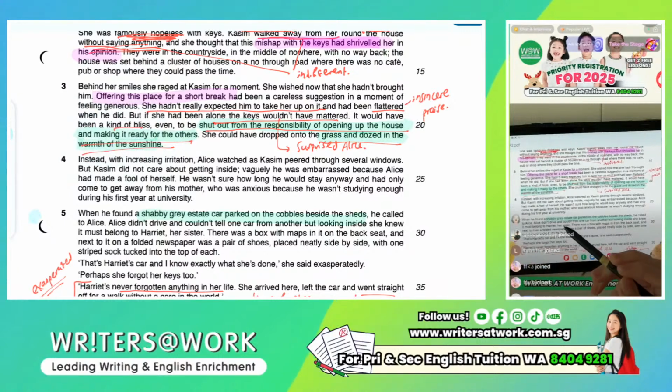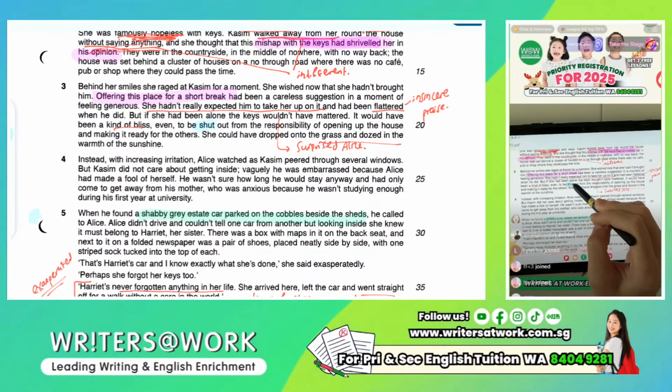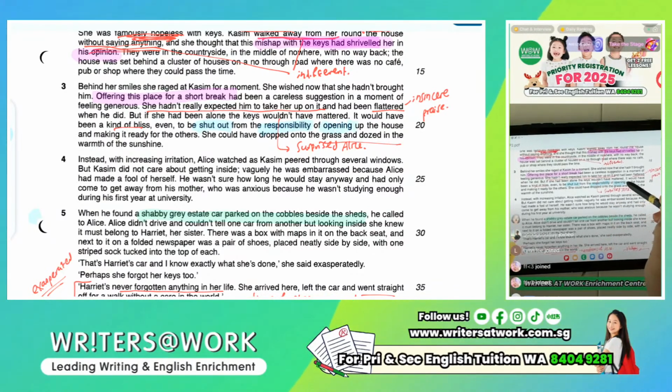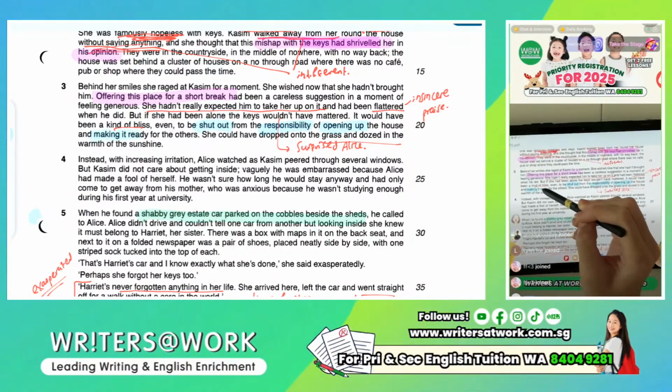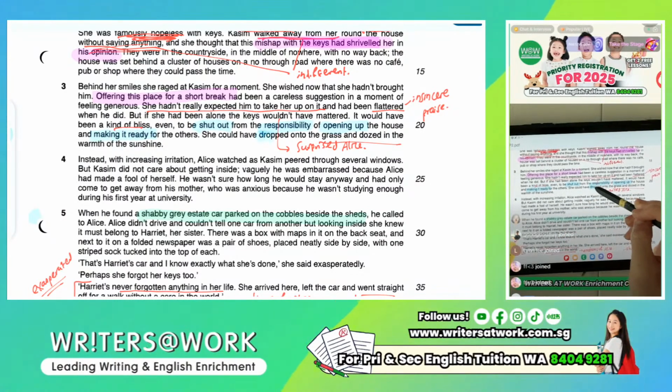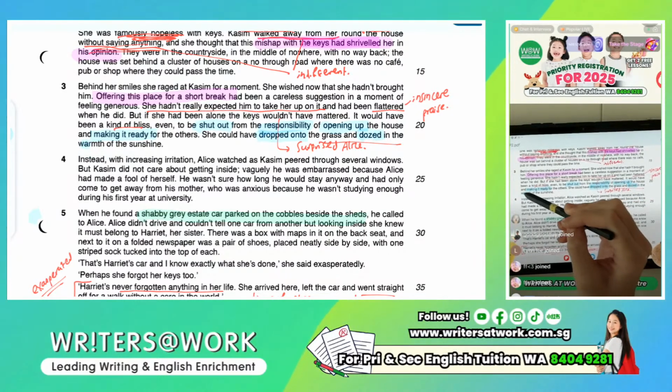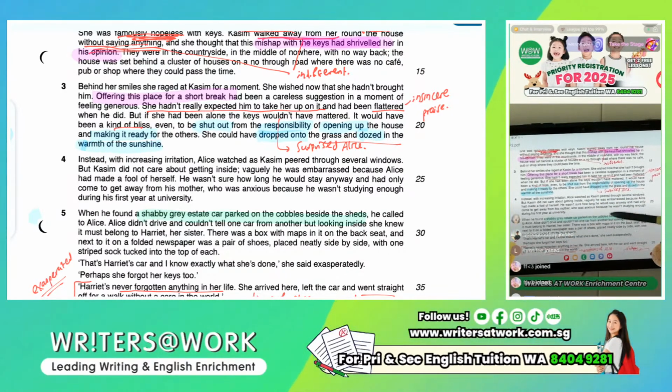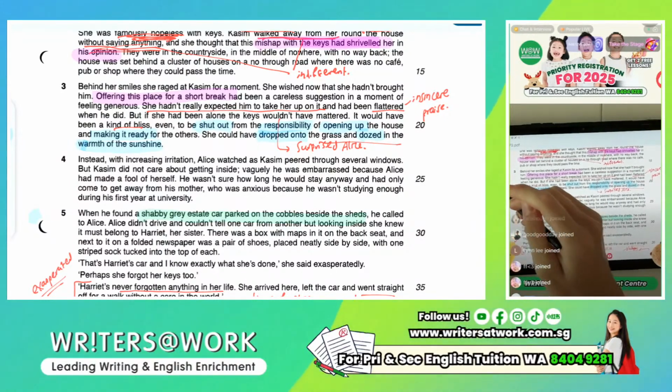So let's identify some of the words that we need to change. You can see the first one is shut out. Responsibility, opening up the house and making it ready for others. She could drop onto the grass and doze in the warmth of the sunshine. So you can see these are some of the words that we need to paraphrase. Then the next question is, how do we paraphrase? Well, if you have the direct synonym, then it's very easy.